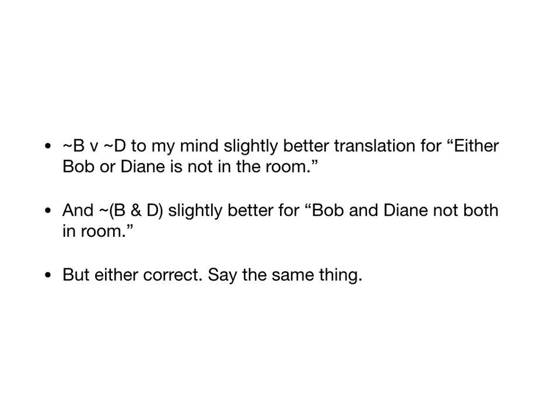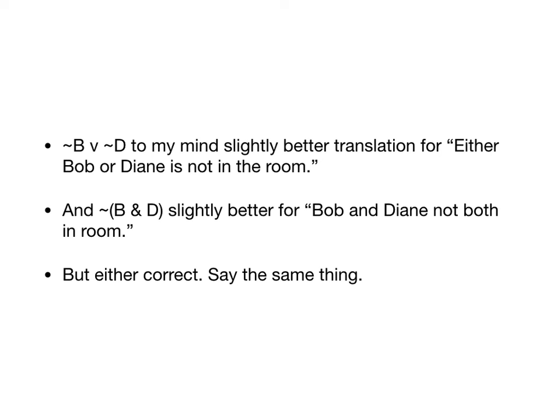Now look, to my mind, not B or not D is a slightly better translation for either Bob or Diane is not in the room, right? The sentence itself has an or, the little v represents an or. I like this just a little better. And to my mind, not parentheses B and D is a slightly better translation for Bob and Diane are not both in the room.